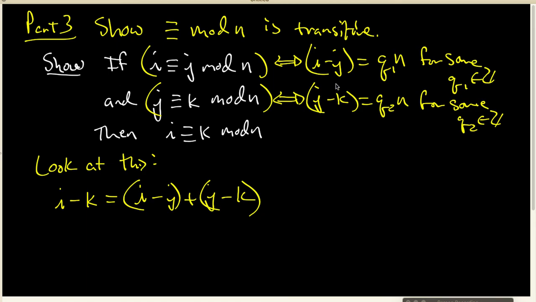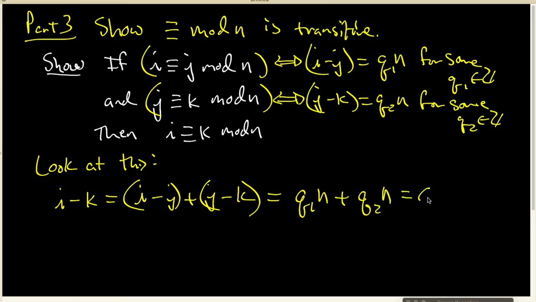And by using this fact up here, I can rewrite I minus K as q1 times n, and using this fact here for J minus K, I can say that this is plus q2 times n.